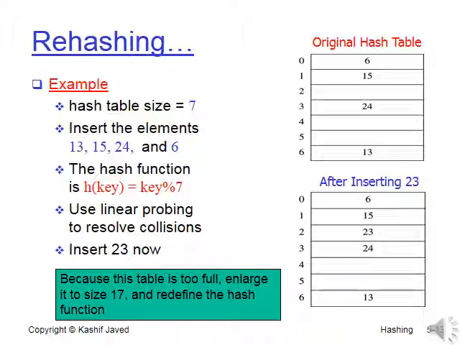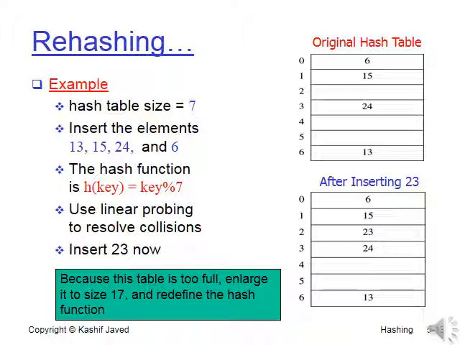So far we have hashed all the numbers into the hash table. Our load factor, which is the number of elements inserted divided by the table size, equals 4 divided by 7, which comes out to 0.57 right now.